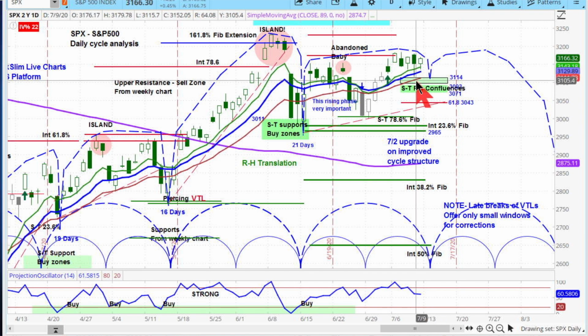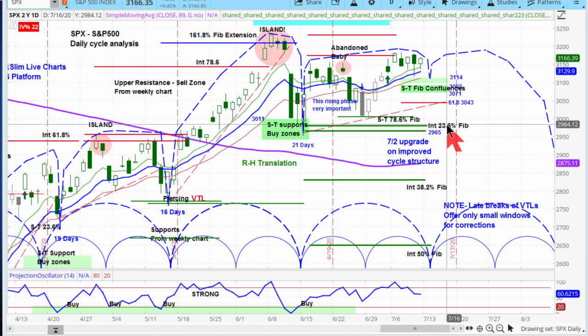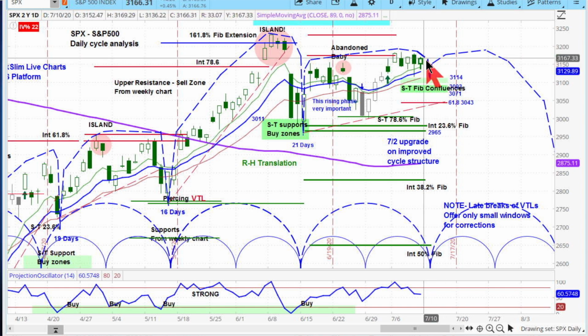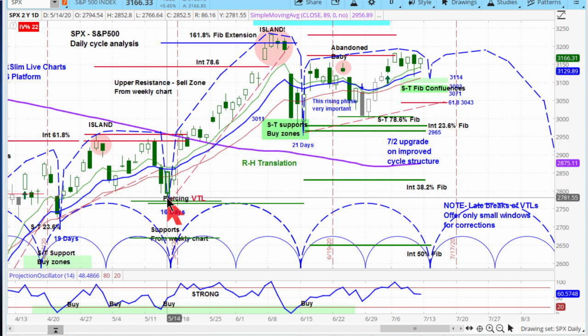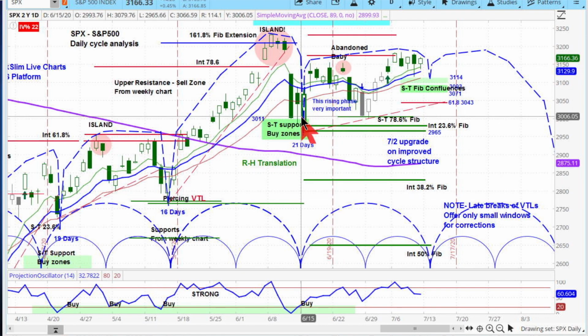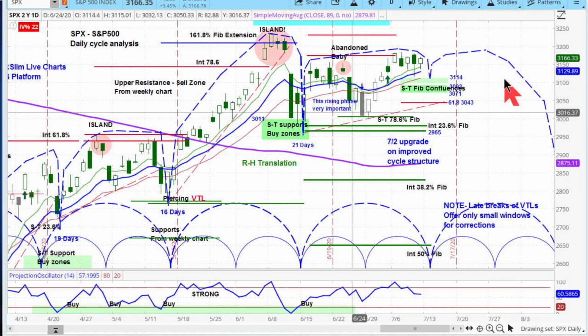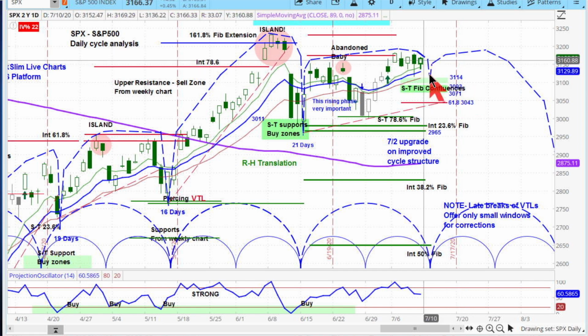It couldn't hold the dip down to about 3117 here on Thursday. And now it's just today gaining a little bit of ground back. It's running out of time, and the likelihood is that you'll get some kind of a late dip, a couple of days. You could see what it did right over here the last days. That's the highest probability that you'll get a dip and then it'll come back up.